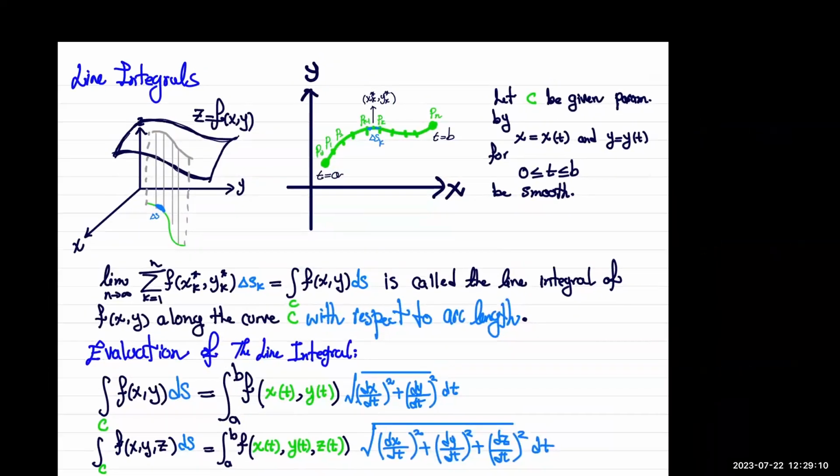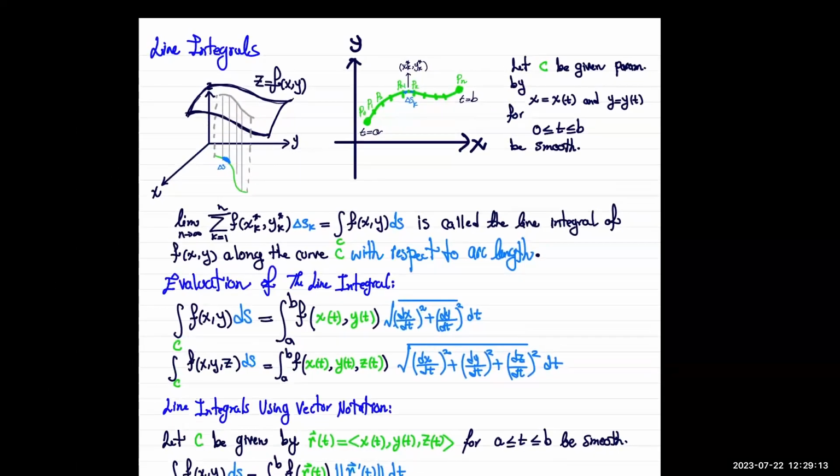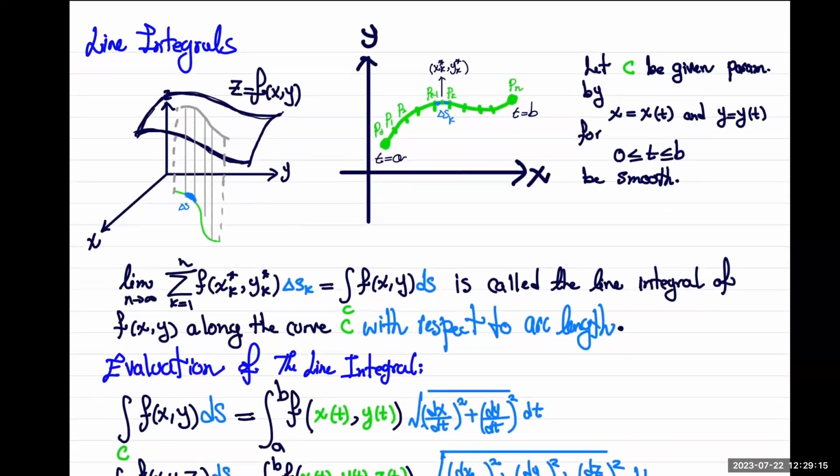So assume that our curve here is, again, parametric, and it is smooth. So the way the line integral works is that we take a sample point from the kth interval, a sample point in each sub-arc, and we plug it into the function f of x, y.